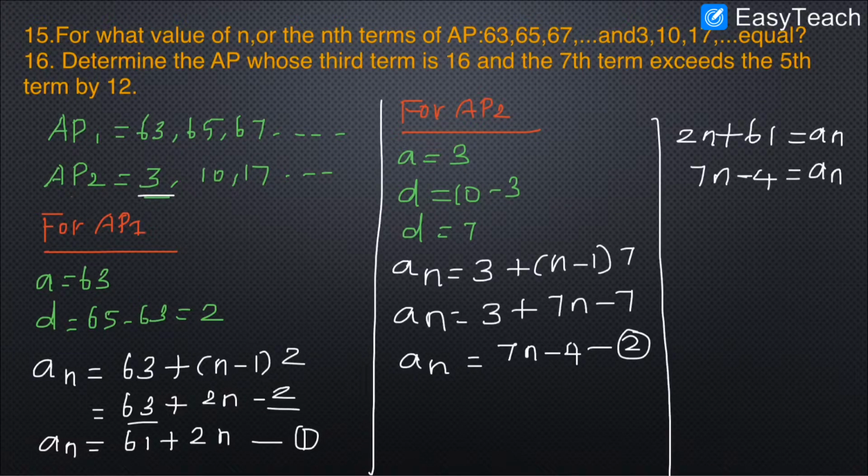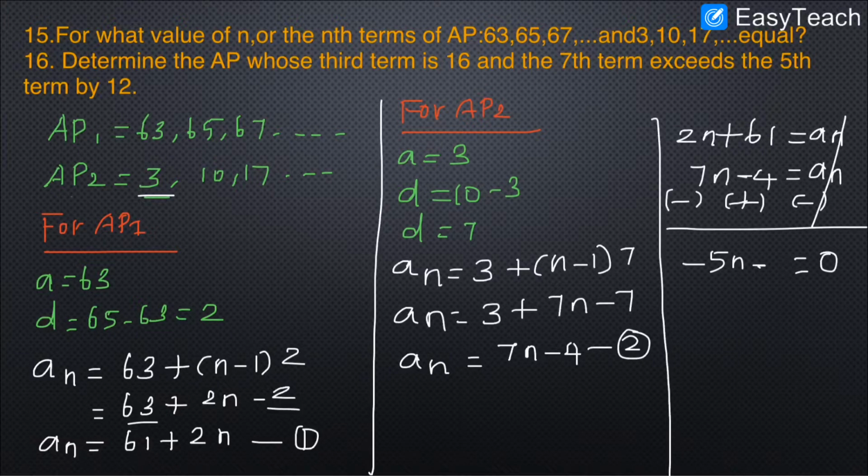Let's solve these two equations. I am going to use the elimination method in order to eliminate An, which is the same term. So I am going to change the sign, and automatically this will become 0. So 2n minus 7n, which is minus 5n, plus 65 equals 0.